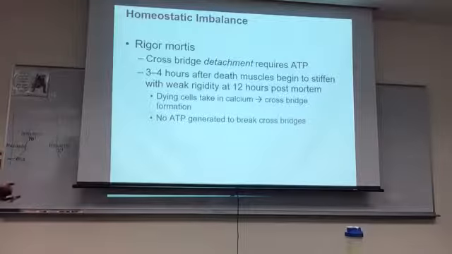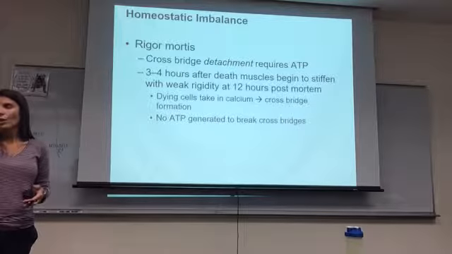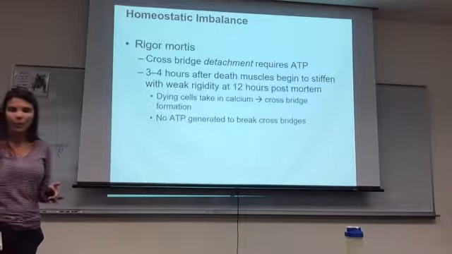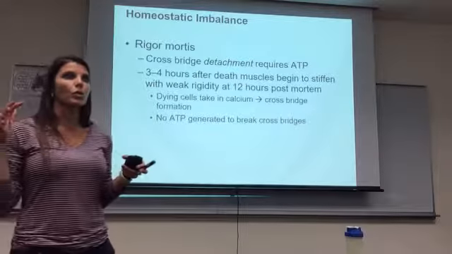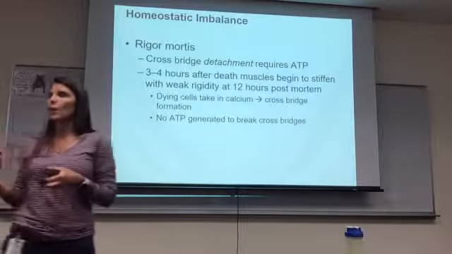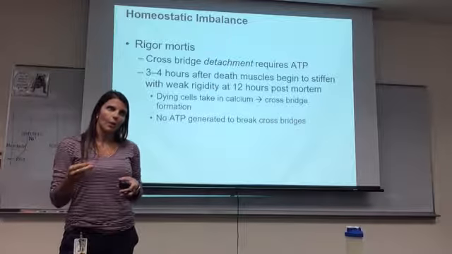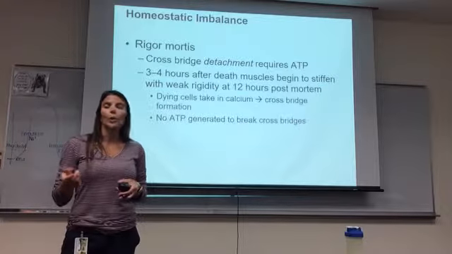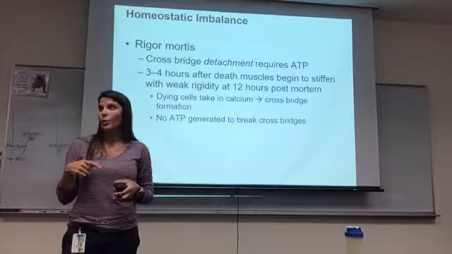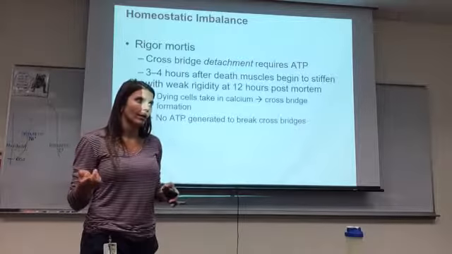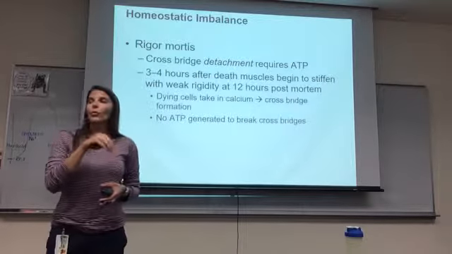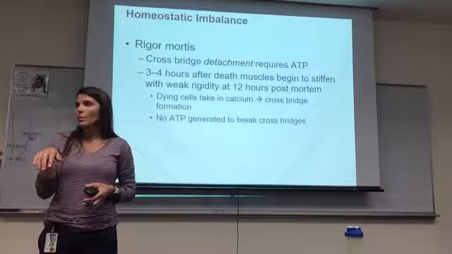Rigor mortis is where, well, hopefully everybody's kind of familiar with what rigor mortis is. So your muscles are stuck. The reason your muscles are stuck is because those cross bridges never let go. The cross bridges never let go because the blood flow stopped. The blood flow stopped because you died. Okay? When the blood flow stops, the calcium movement stops.